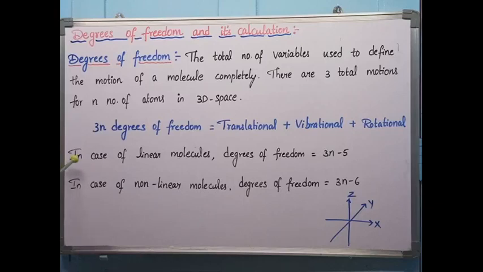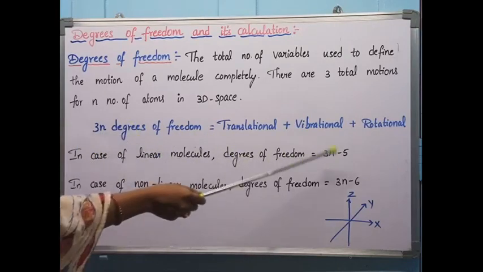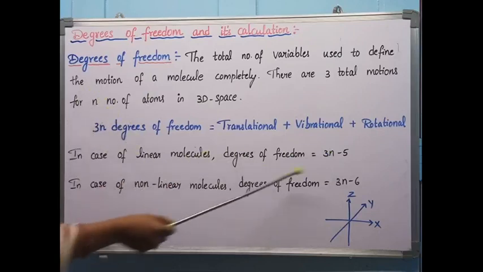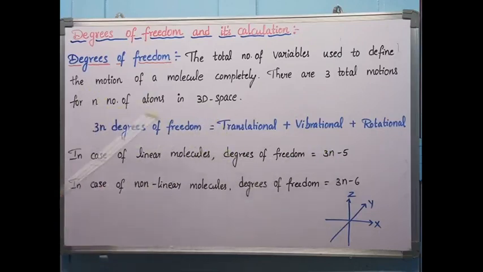Especially we'll calculate the degrees of freedom in case of linear and non-linear molecules. In case of linear molecules, we can calculate the degrees of freedom with the 3n minus 5 formula. With the 3n minus 5 formula, degrees of freedom also indicates the number of fundamental vibrations taking place in a particular molecule. So in case of non-linear molecules, we can calculate the degrees of freedom with the 3n minus 6 formula.